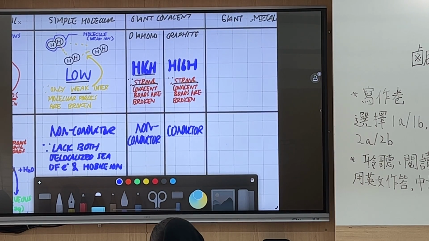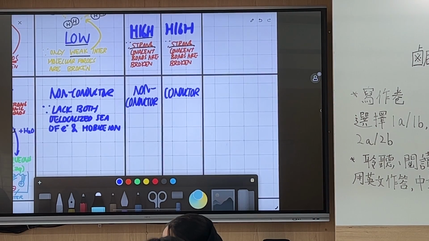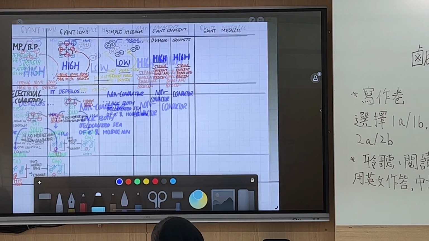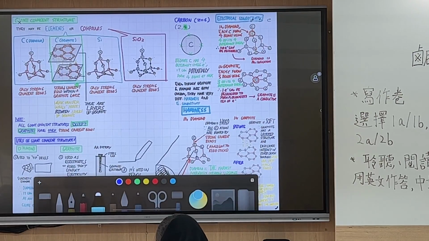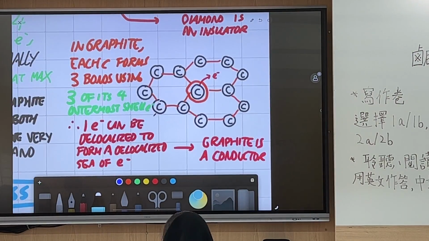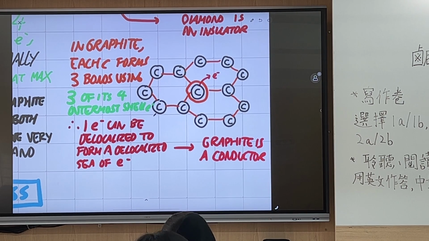Why does graphite conduct electricity? Because it has, is it mobile ion or delocalized electron? Does graphite have delocalized electrons or ions? It has delocalized electrons. Remember?